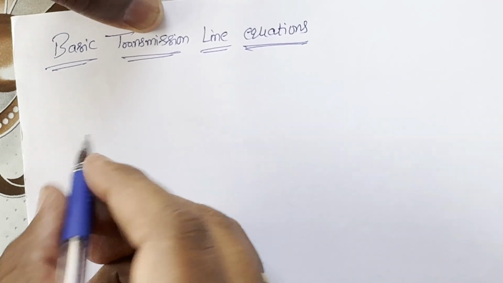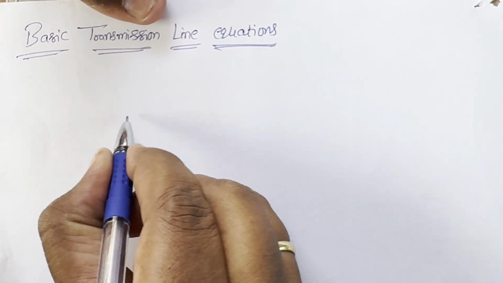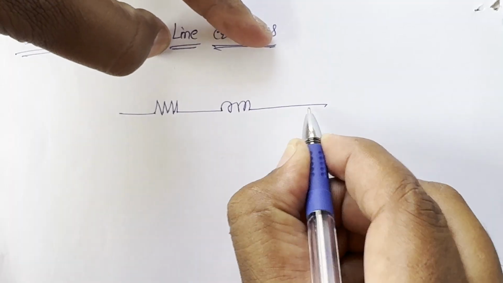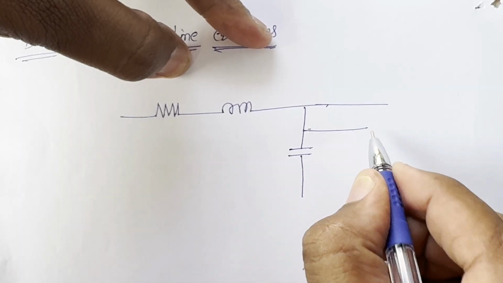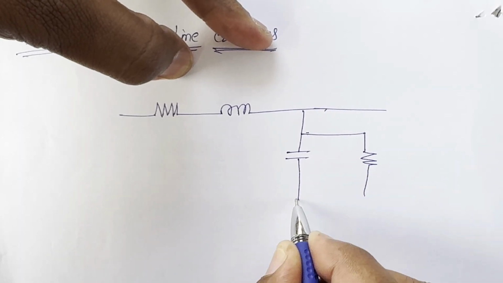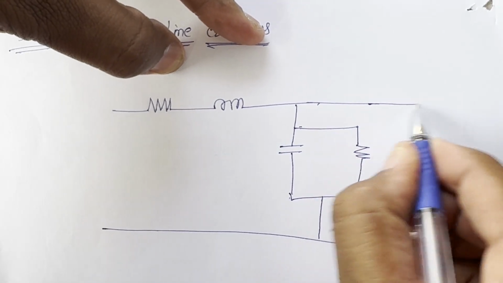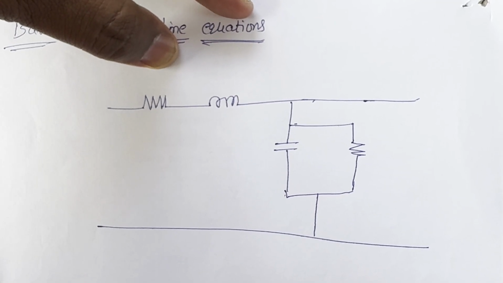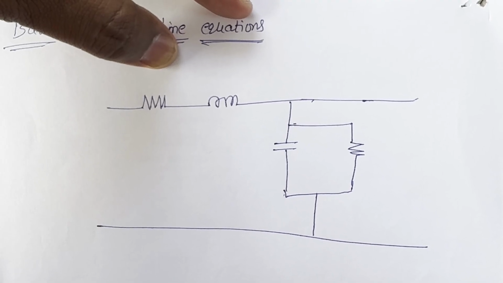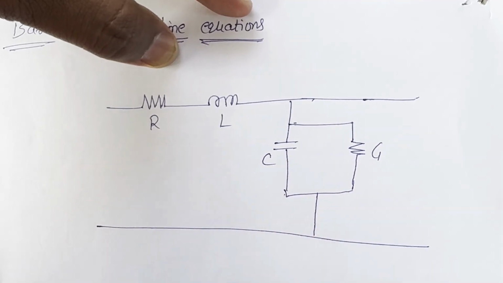Here we know that the basic transmission line will look like this with four elements: R, L, C and G. These are the four primary constants we have with the basic transmission line.